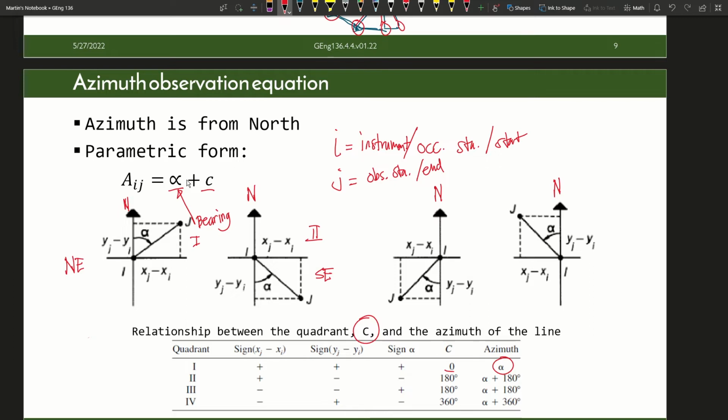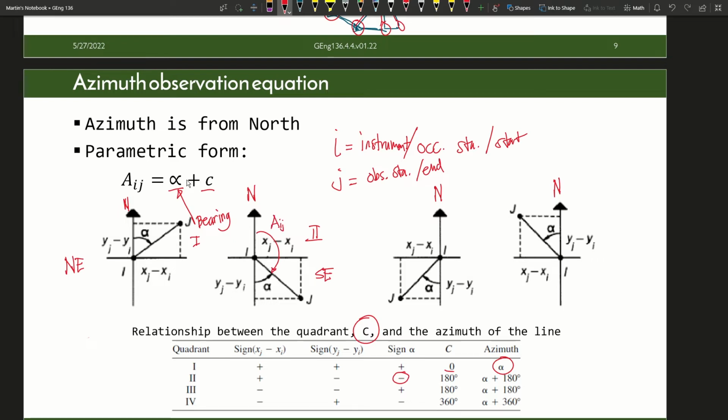So southeast, we add 180. But your alpha or your bearing is negative. Therefore, the resulting azimuth is less than 180. So your azimuth is this one. Okay? So to make it clear.